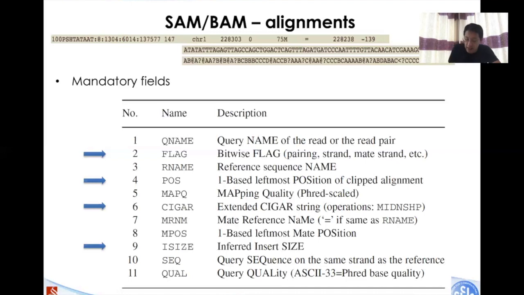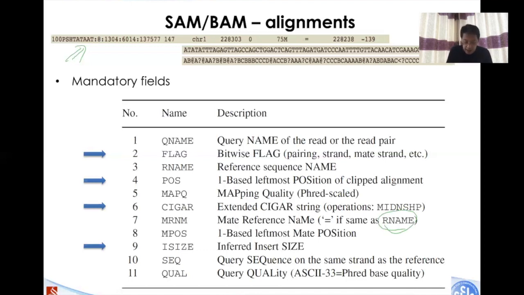So in the paired-end situation, we know that there are two reads in this alignment file, and one read has the query name, and what is the name of the other end of the read? Normally it will be the same as the reference name, so it's just an equal sign here.